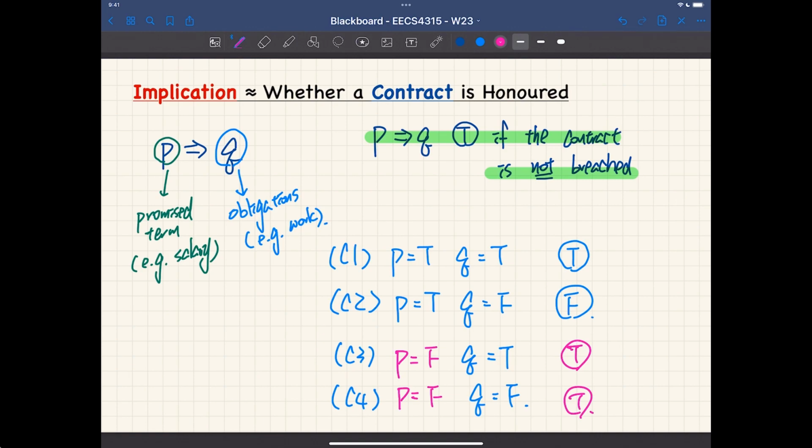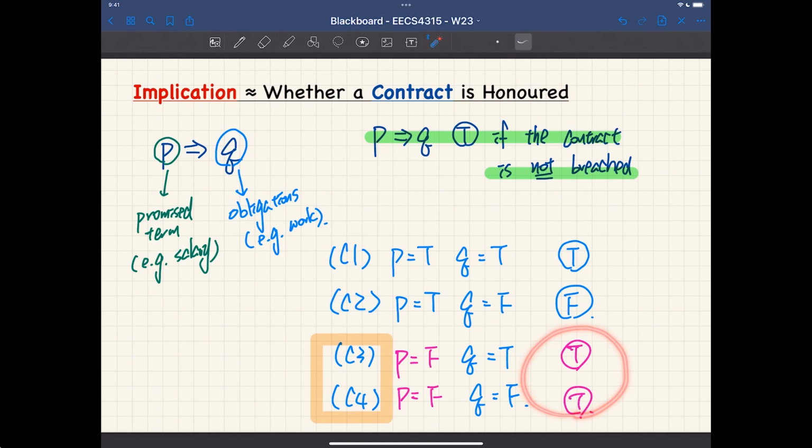The only case in which you can breach the contract is when you get paid, but you didn't do the work. That's the only one. The other ones are simply true. And I want to remind you, later on, when we analyze model checking of temporal properties, sometimes we have to do some proof justification. Usually when it involves implication, very often we have to consider these cases, because when the premise is simply false, you can easily get a true result trivially.